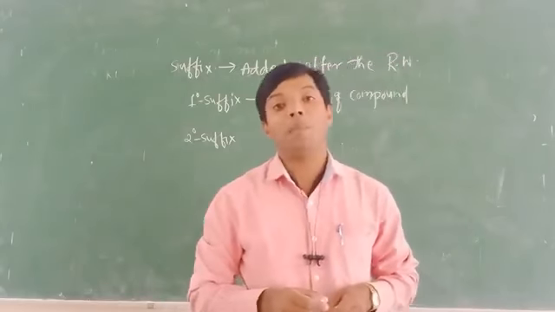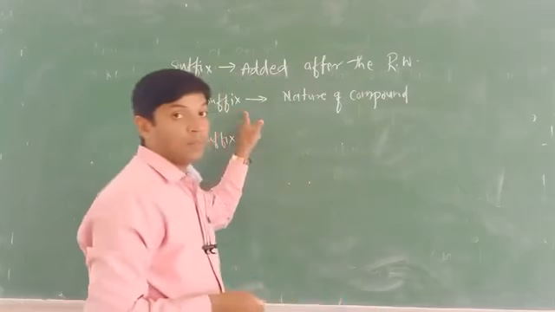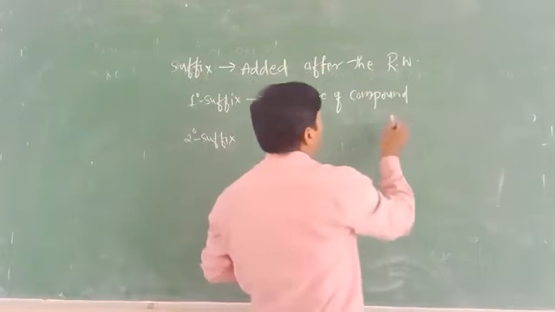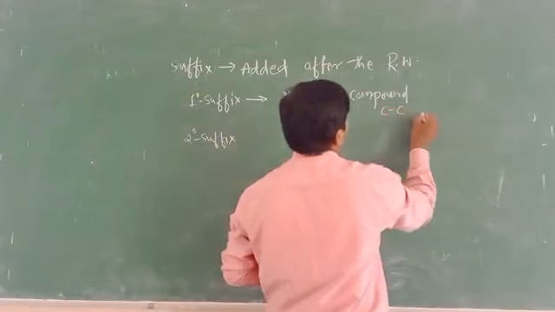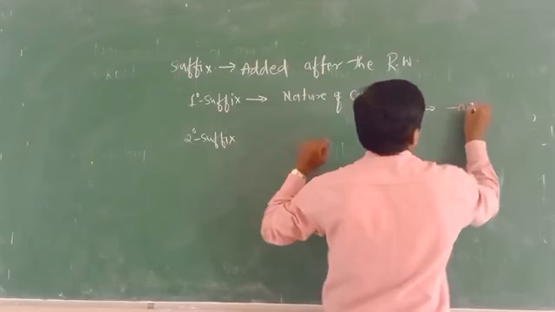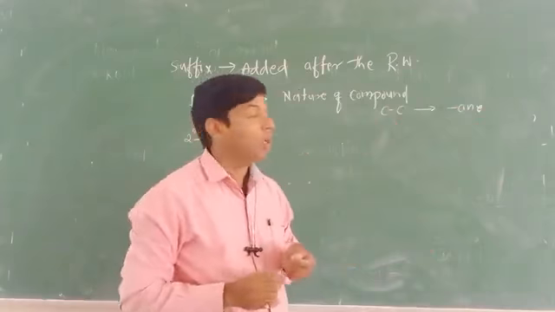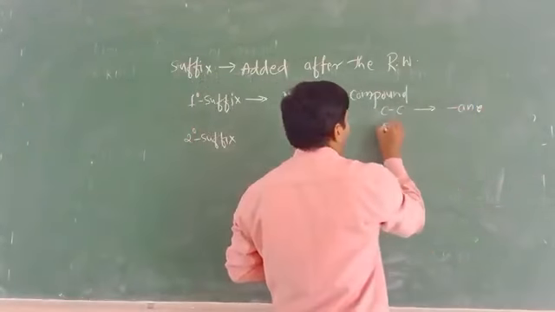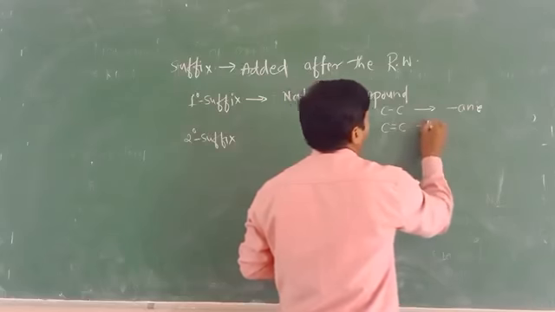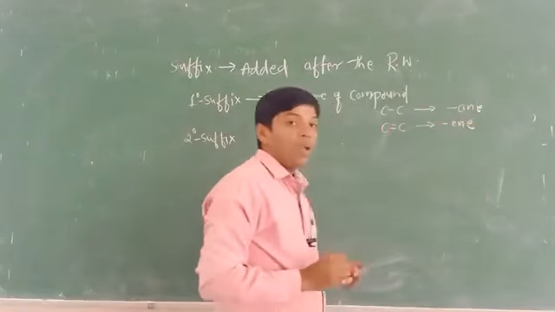If the compound has a carbon-carbon single bond, then the primary suffix is ANE, meaning the name always ends with ANE. If it has a carbon-carbon double bond, the primary suffix is ENE.